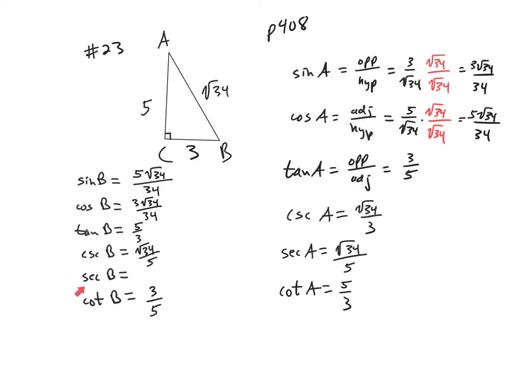And the secant of B is the same as the cosecant of A, which is radical 34 over 3.